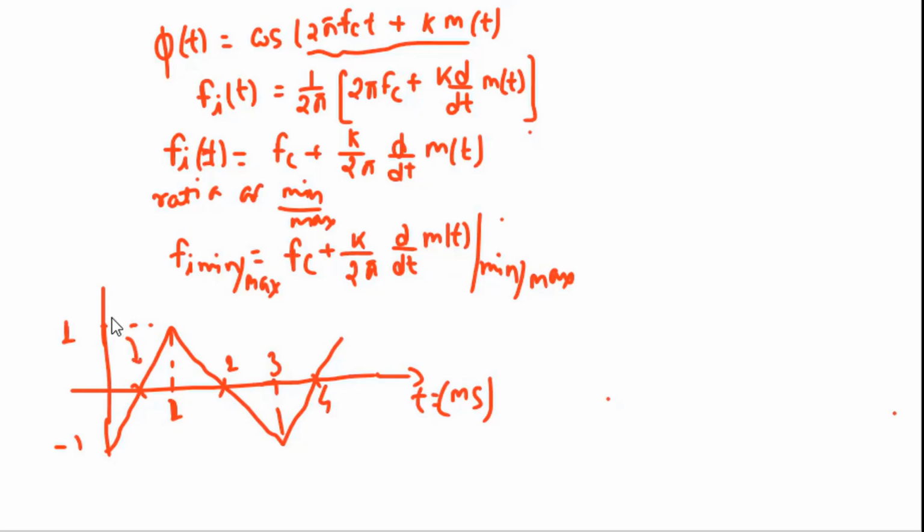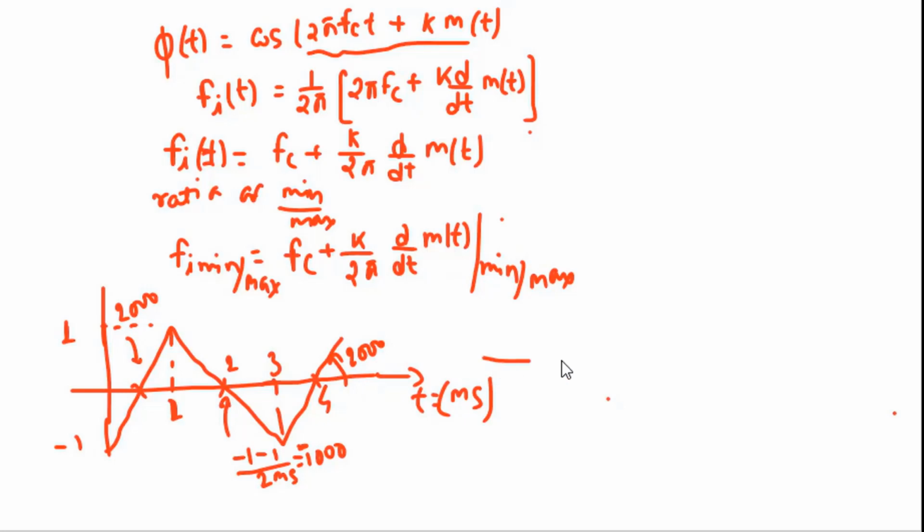So the slope for this one is 1 minus of minus 1, that is 2, divided by 1 millisecond, which gives you 2000. Similarly, the slope for this one is minus 1 minus 1 divided by 2 milliseconds, which is minus 1000. Similarly, the slope for this one is 2000.